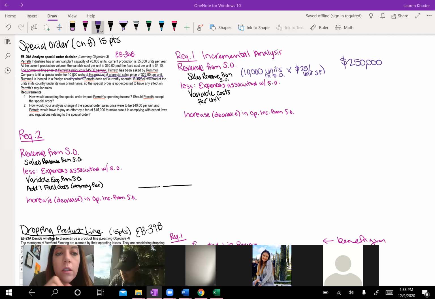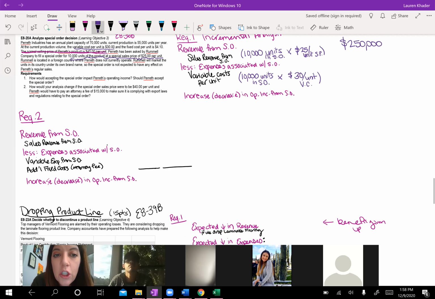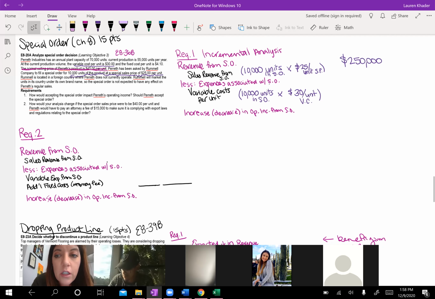So the only costs that are relevant to this decision are the $30 per unit variable cost. So 10,000 units in the special order times $30 cost per unit, we're going to incur an additional $300,000 in cost.